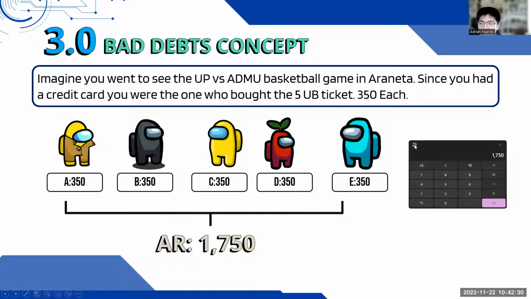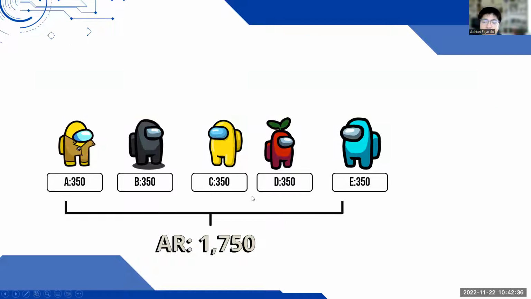But in the real world, the problem when it comes to receivables is that sometimes not everyone will pay. Out of these 5 clients or these 5 friends, probably a portion of them will never pay you back. So let's say that B and D got upset because of the outcome of the game, and they said, no, I don't want to pay anymore.